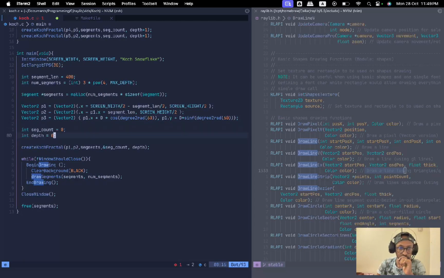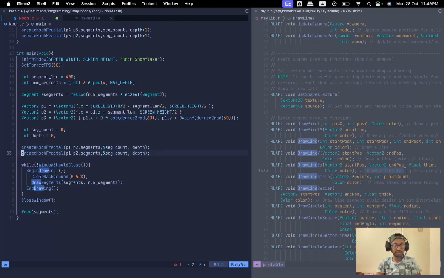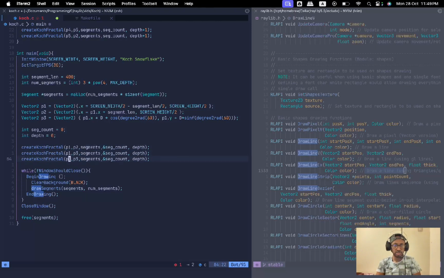I have these 3 points, and I want to calculate the Koch fractal for the segment P1, P2, and another for the segment P1, P3, and another for the segment P2 to P3.